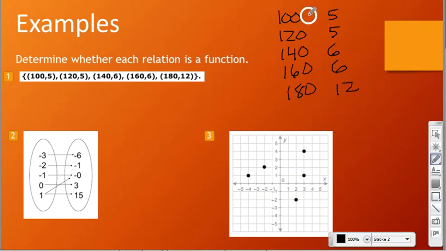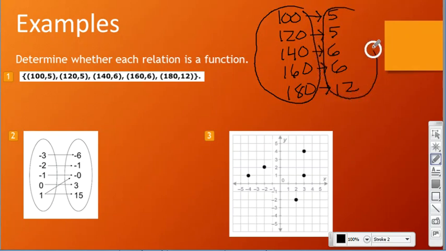So we know the 100 goes with 5, 120 goes with 5, 140 goes with 6, 160 goes with 6, and 180 goes with 12. So each of the elements of our domain are here, and we have the elements of our range here. And each of our x values are being paired with a different y value. Okay, so this would be considered a function.